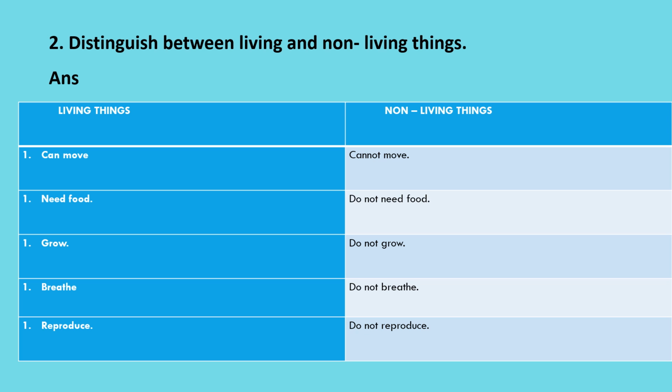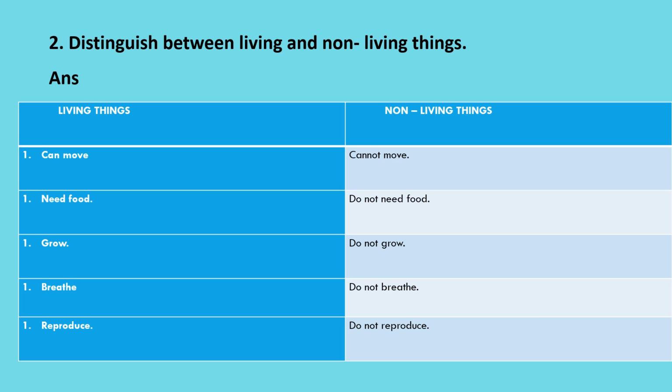Question 2. Distinguish between living and non-living things. Children, here we have to differentiate between living and non-living things. The very first difference is related with movement. Living things can move and non-living things cannot move.